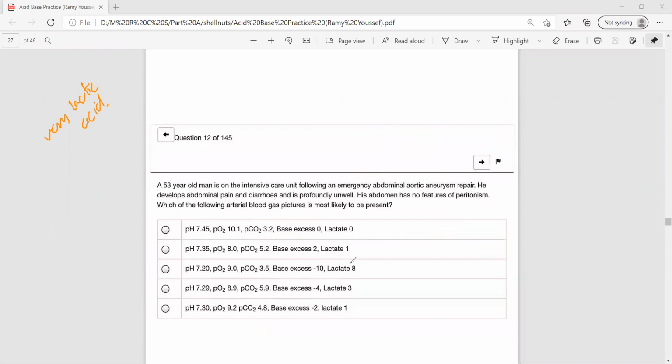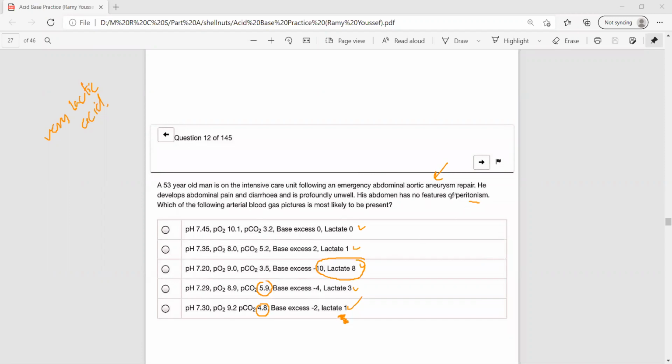So this is the only one. If you go for the lactate, you'll find the lactate here is very high. And this is one of the complications of abdominal aortic aneurysm repair. And as I expected, respiratory compensation is very quick, so this is almost normal. This is the start of normal, but the lactate is low.